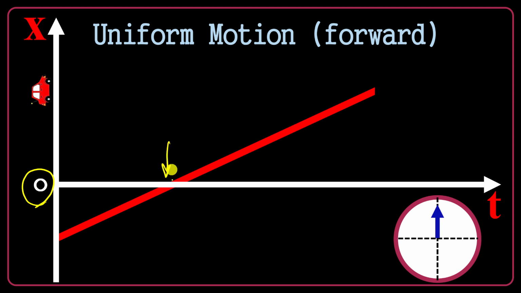So at this point, when the xt graph is crossing the t-axis, we expect x to be 0. It means that the object is passing through the origin, but it has the same speed. You know that the speed here will be the same because it's a uniform motion. So even when the object is crossing the t-axis at x equals 0, we expect the same speed. It won't stop, never.